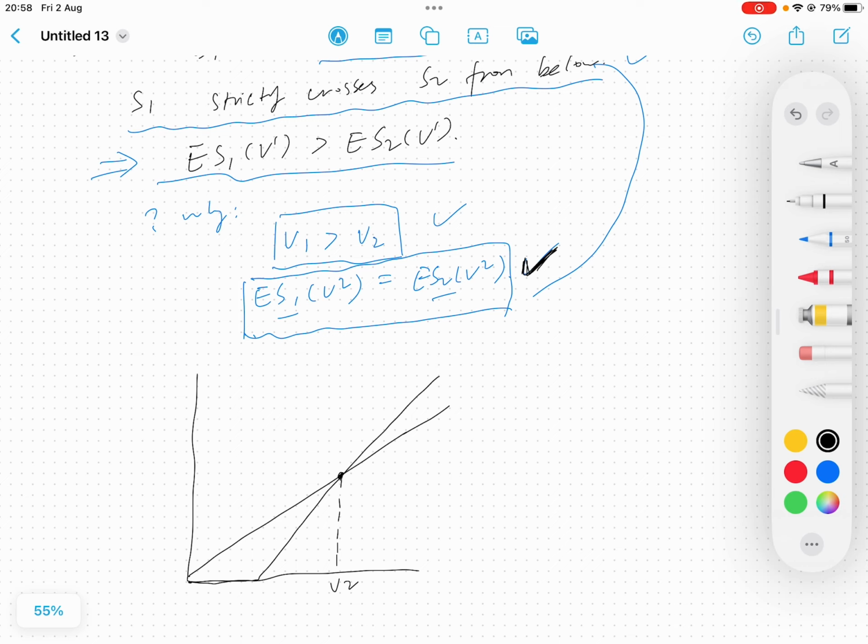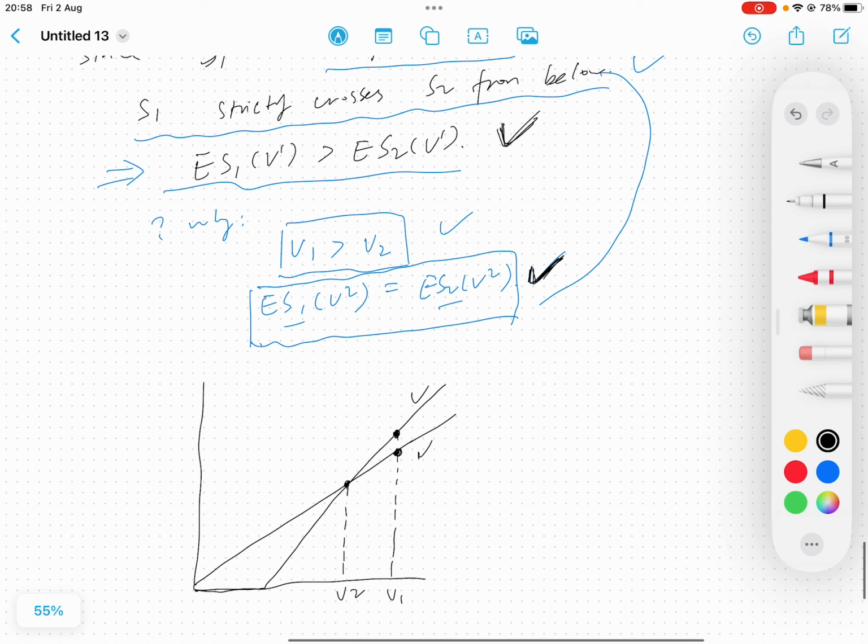Because V1 is higher than V2, with the steeper security this value, given V1, has to be higher than the value under the flatter security. So this point has to be higher than this point. That's something we have proved.